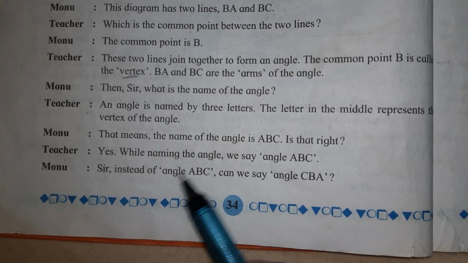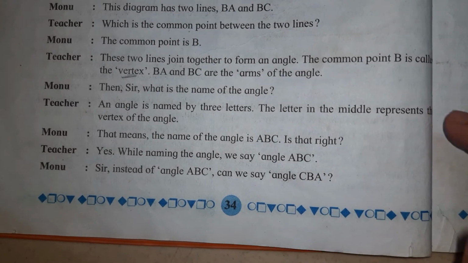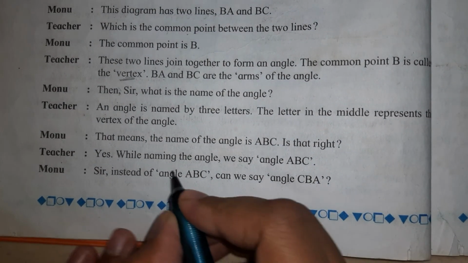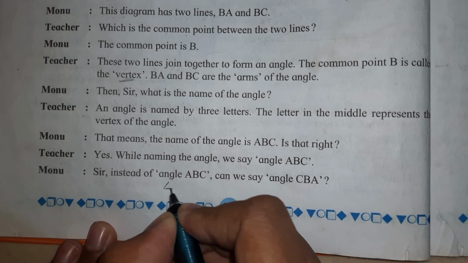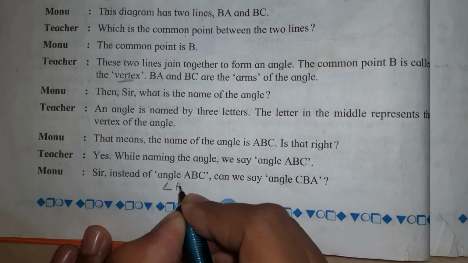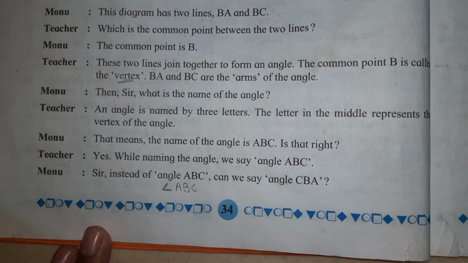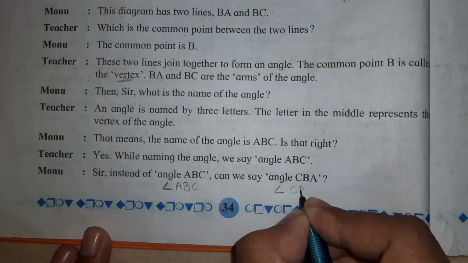So instead of writing the whole spelling, a symbol is used. The symbol for the word angle is a small acute angle, and after this you write ABC, or here angle CBA.